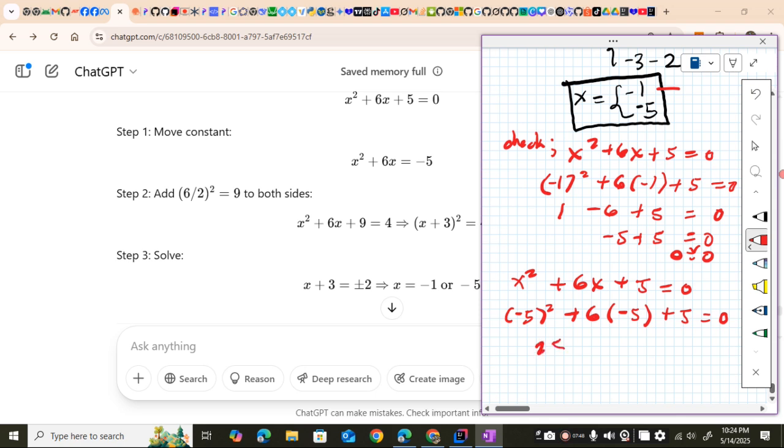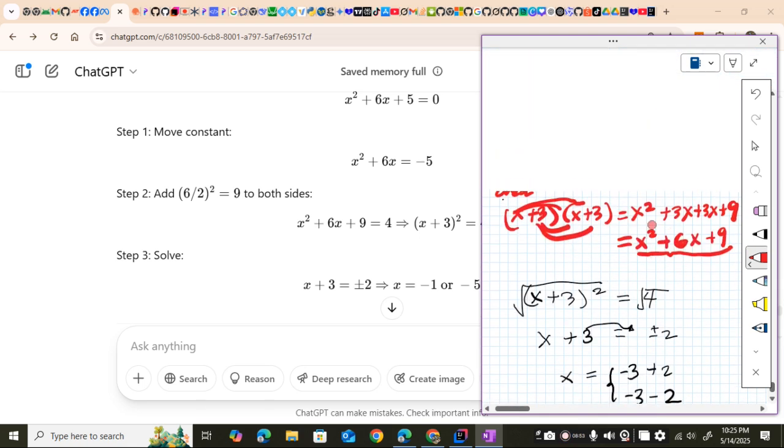Now this one is 25, and the other one is 6 times 5 is 30, plus 5 equals 0. So this one is negative 5, so we add it to 5, and that is indeed 0. So we have verified that the solution is correct, negative 1 and negative 5.